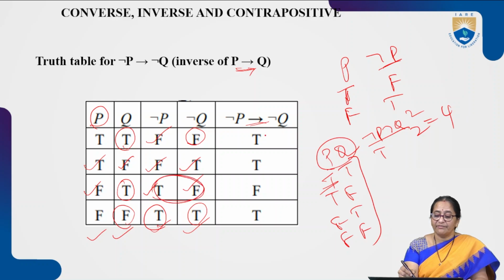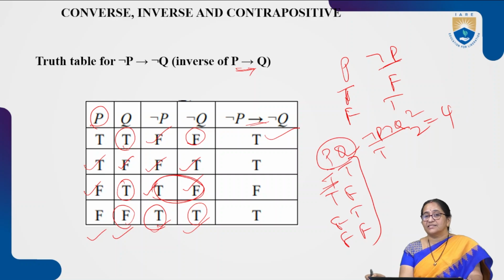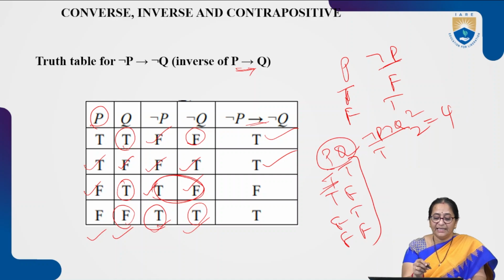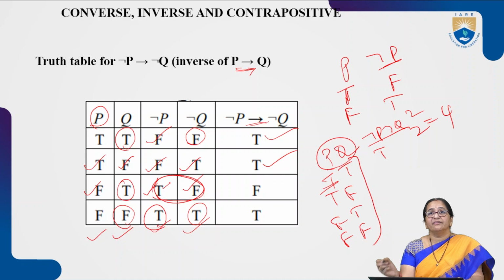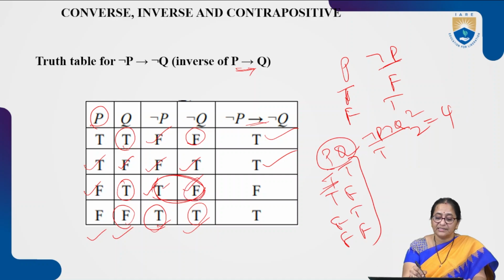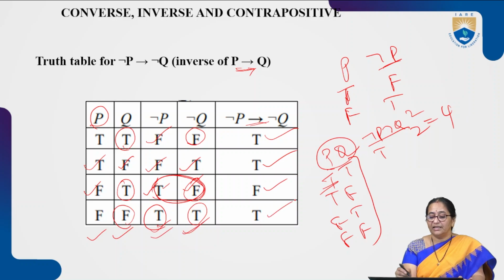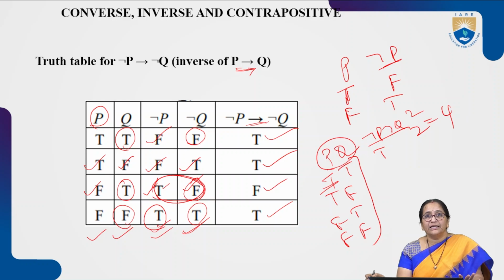Here we have FF, we can place it as T. For FT also, we can represent it with T. If the value of negation P is true and the value of negation Q is false, in this case only our result is F, false. If both are true, then our result is also true. Like that. This is the truth table for the inverse of P to Q.